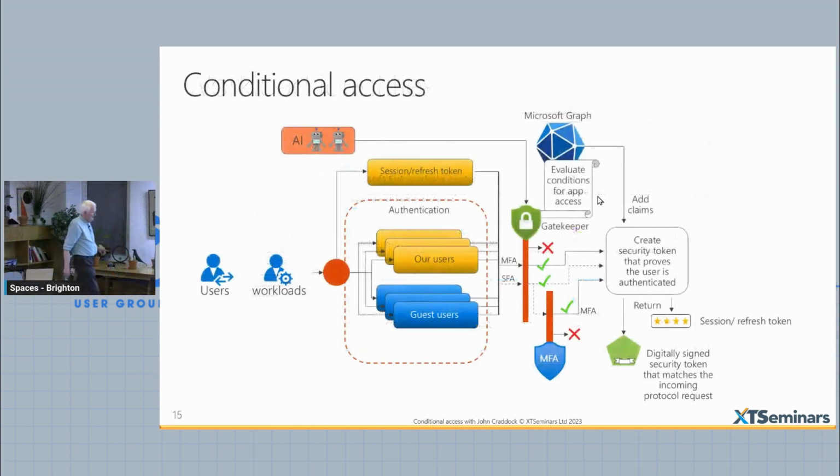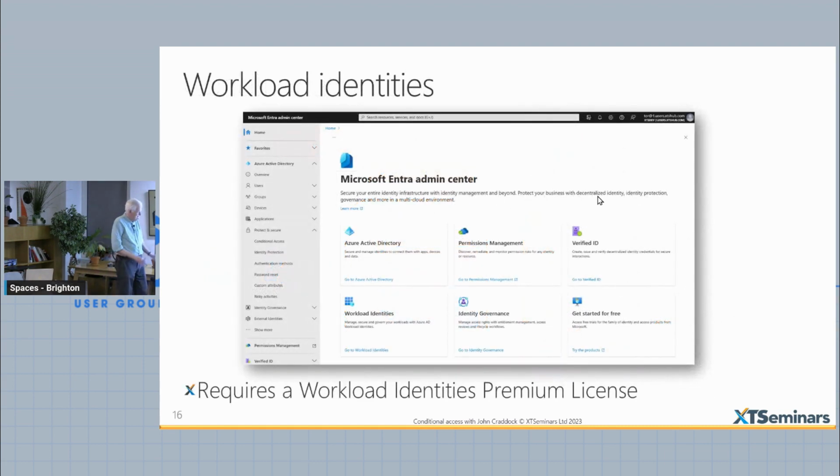Now, workload identities. You go to conditional access and you say, hey, there's nothing about workload identities in my conditional access. Then you have to realize that Microsoft moved it out of conditional access, and we've now got workload identities here, and you need another license for workload identities.